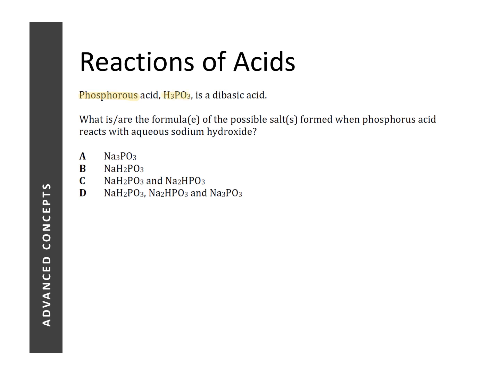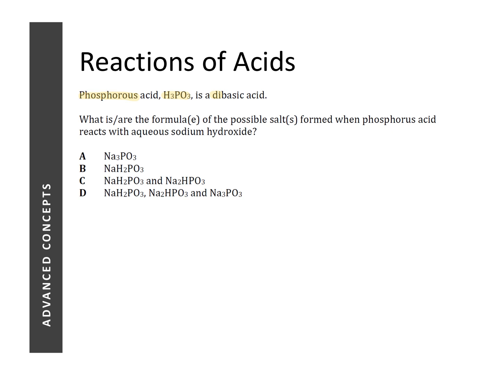Now something that looks initially strange is that the question tells you that it is a dibasic acid, because very often when we look at the chemical formula of the acid, and more specifically the number of hydrogen atoms in the formula, we can derive the basicity of the acid. For this case, even though there are 3 hydrogen atoms in the formula for phosphorus acid, the question tells you that it is a dibasic acid.